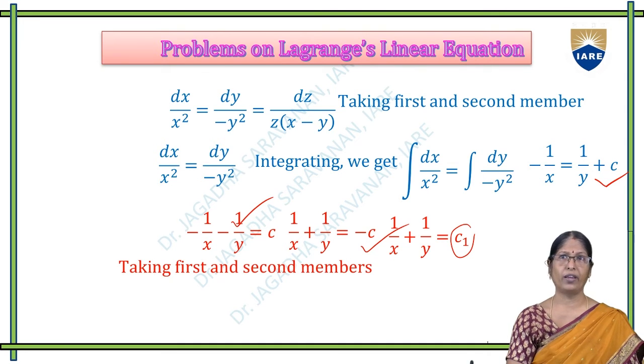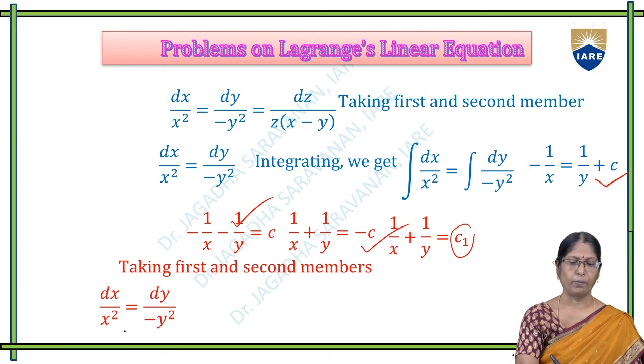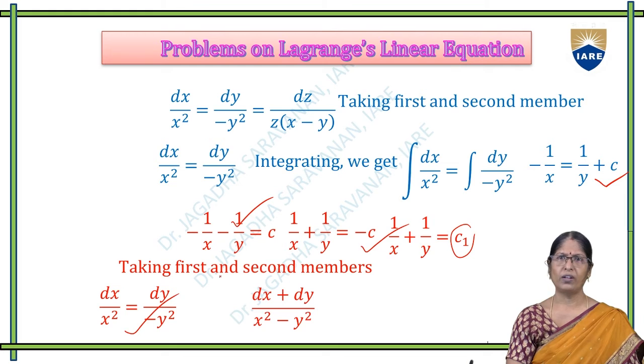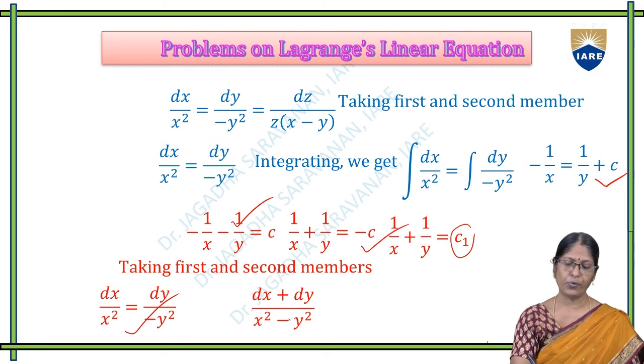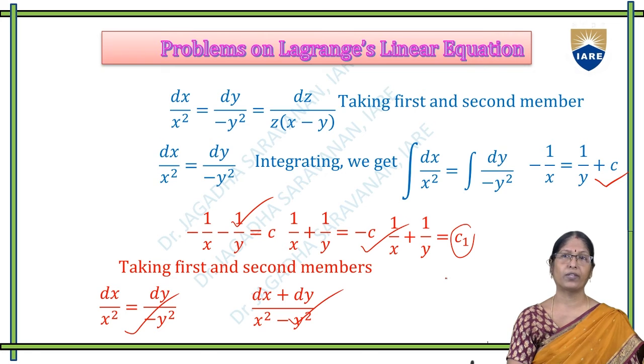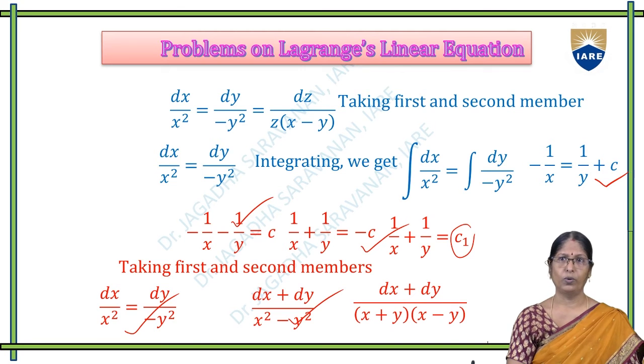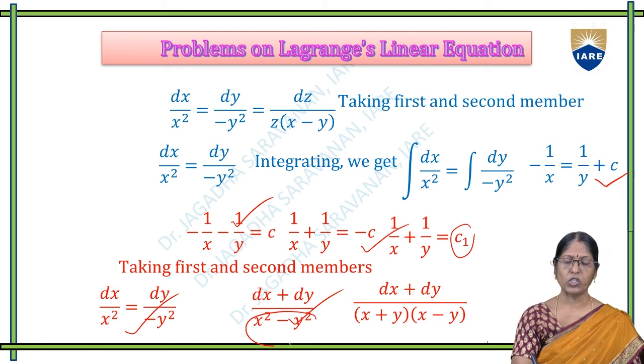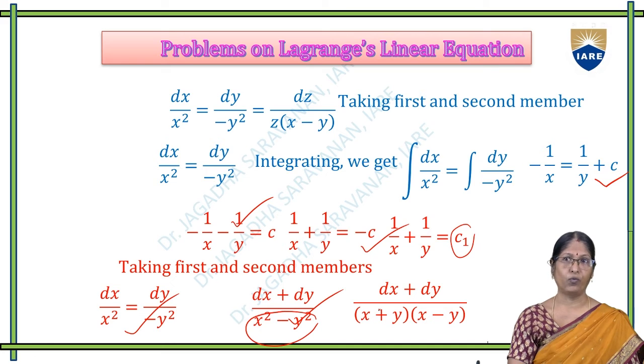Next, we are going to take our first and second member. We have added the numerator and denominator. We obtained (dx + dy)/(x² − y²). So this is the a² − b² formula, which is written (a + b)(a − b).